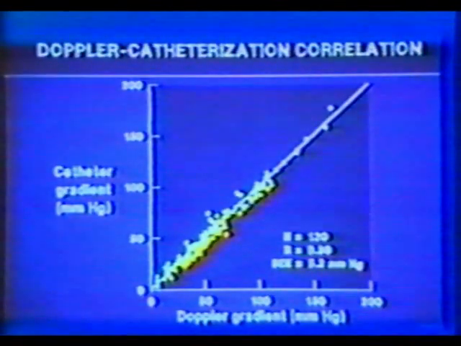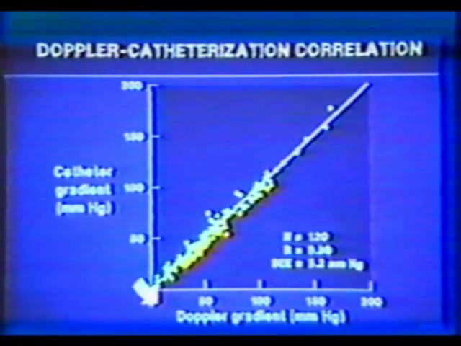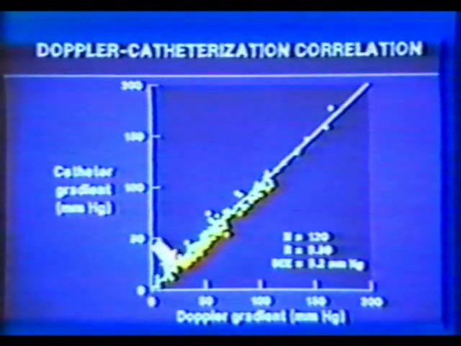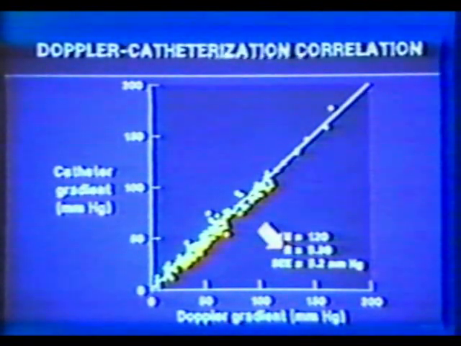Data from a total of 120 sinus beats was obtained. The maximum catheter gradient was compared to the maximum gradient obtained by Doppler and the simplified Bernoulli equation. You can see the excellent correlation with an R value of 0.99.